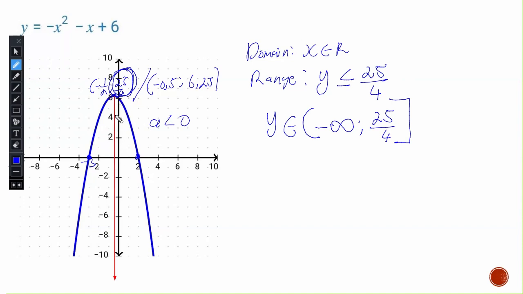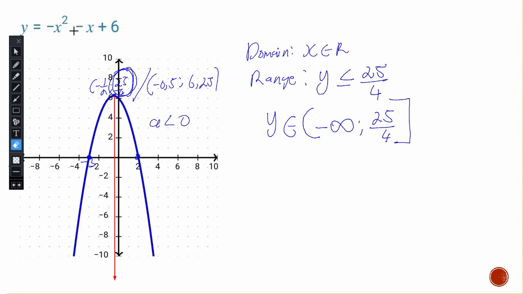It has a maximum value. So whenever we are writing this, it needs to start from the minimum value to the maximum value. We know range is minimum to maximum, right? So from the minimum value, it's negative infinity all the way to positive 25 over 4, which is your maximum turning point.